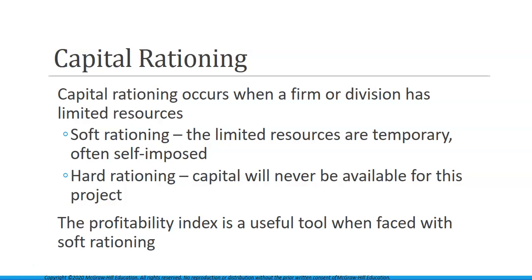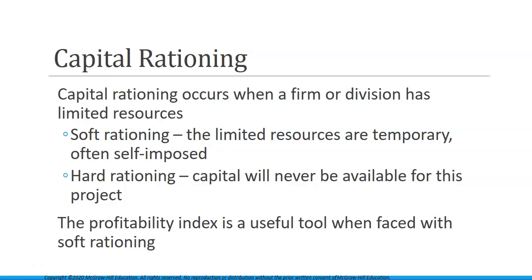I only get to choose one of the 4 things because that's how much money I have. So capital rationing occurs when there's limited resources, such as limited cash. We only have $5 million each year set aside for new capital projects.